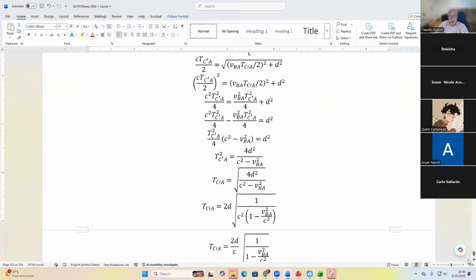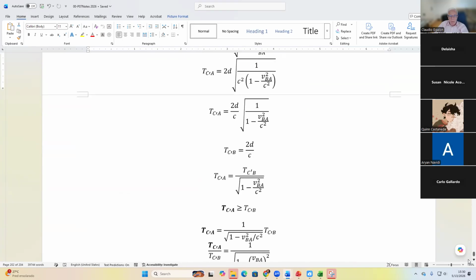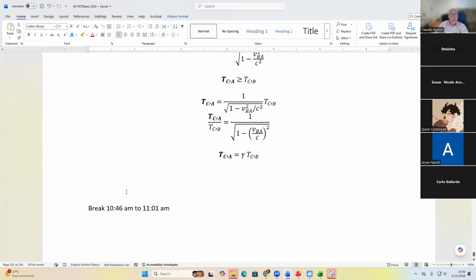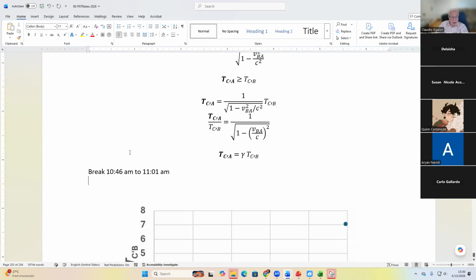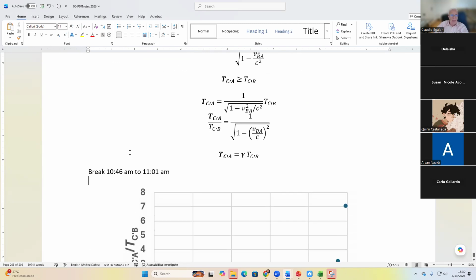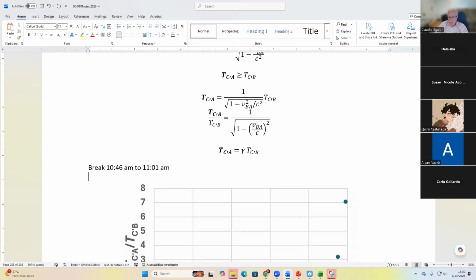That's the problem of time dilation. You should be able to solve some problems given this treatment.